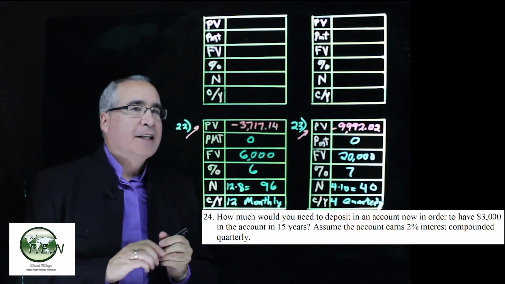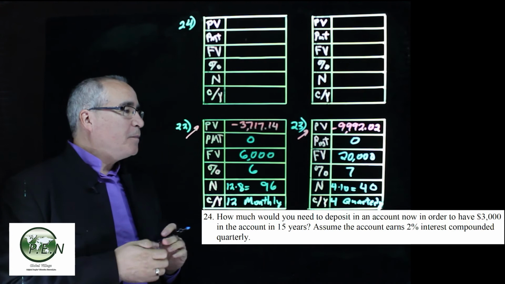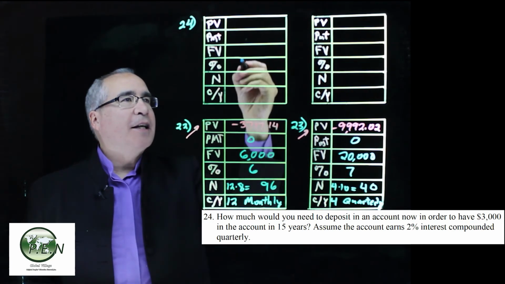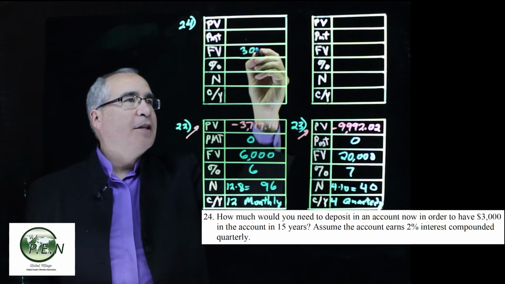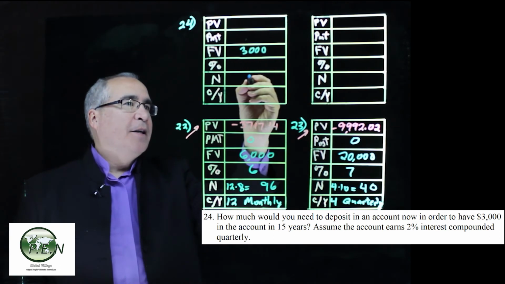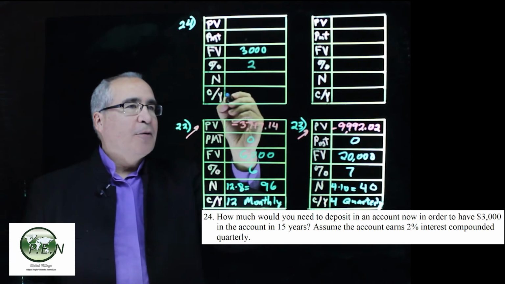we're up and running. Let's go ahead and put 24 up here. And how much would you need to deposit in an account in order to have 3,000? So 3,000 is our savings goal. We want it in 15 years. We're going to earn 2% on our money, and we're going to compound quarterly.